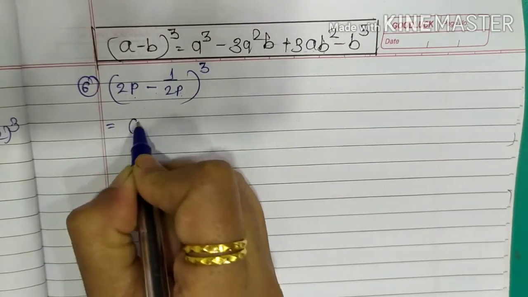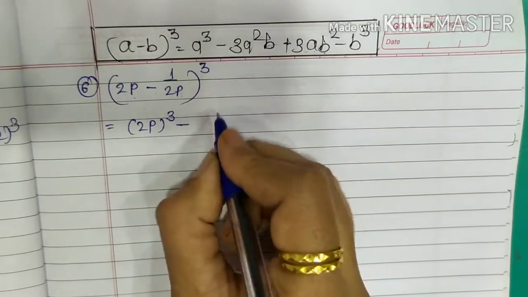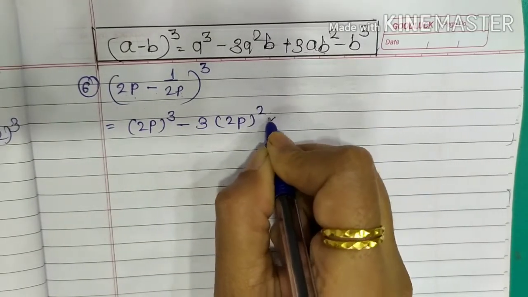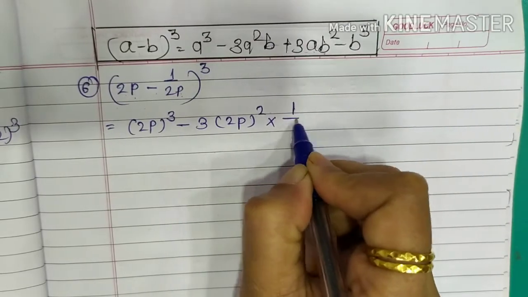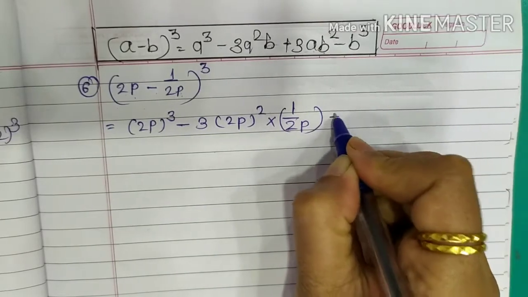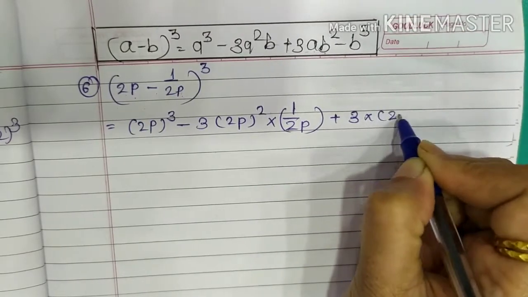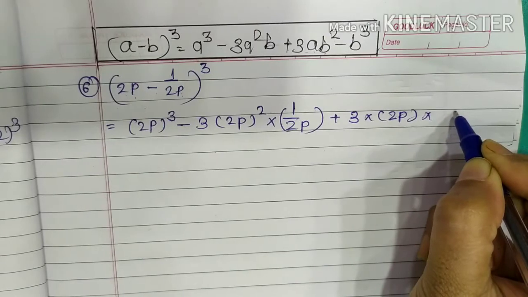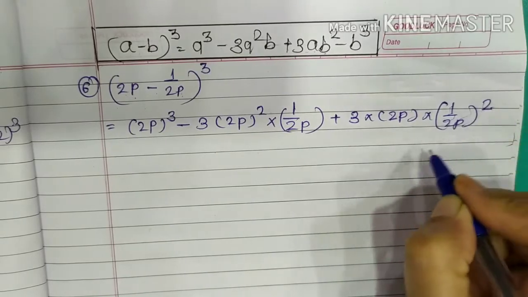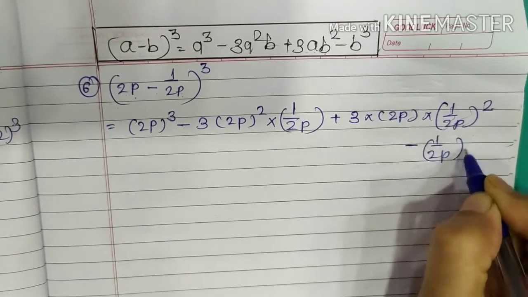First, that is 2p cube minus 3 into 2p square into 1 upon 2p, that is the second term, plus 3 into first term as it is 2p into second term, that is 1 upon 2p square, minus last 1 upon 2p cube.